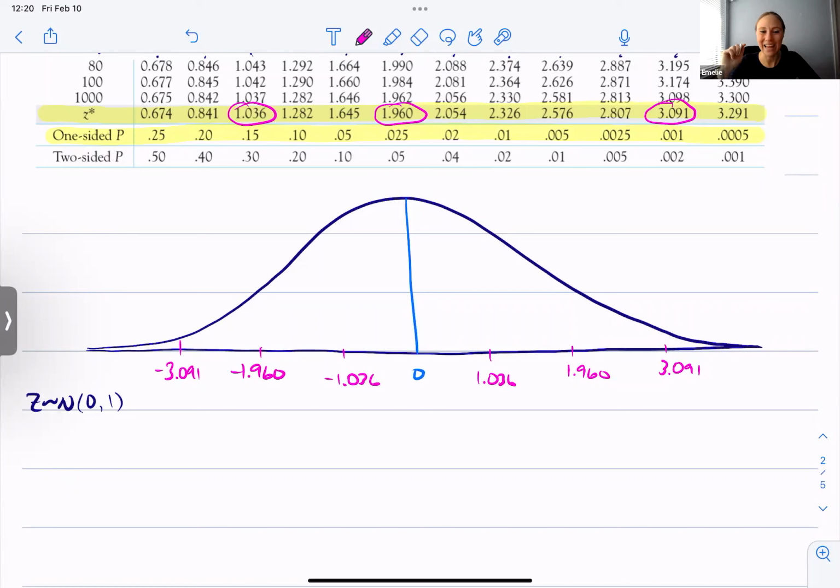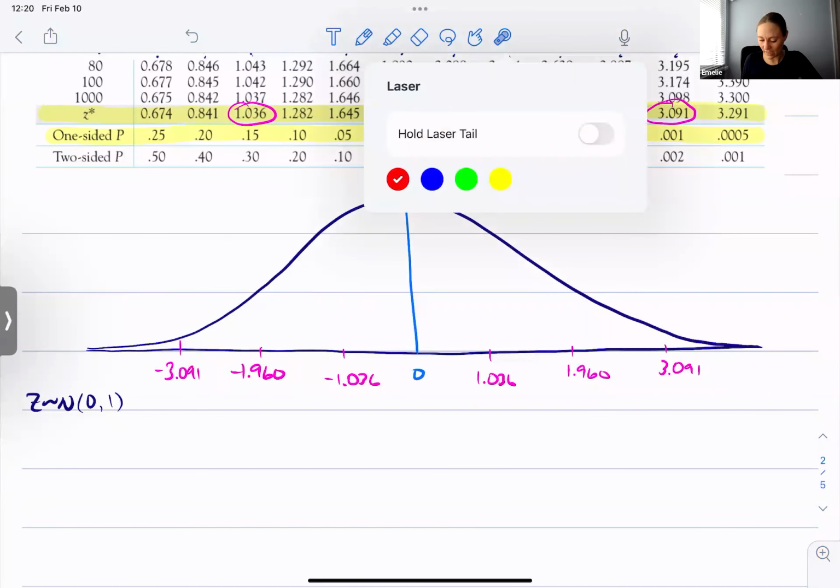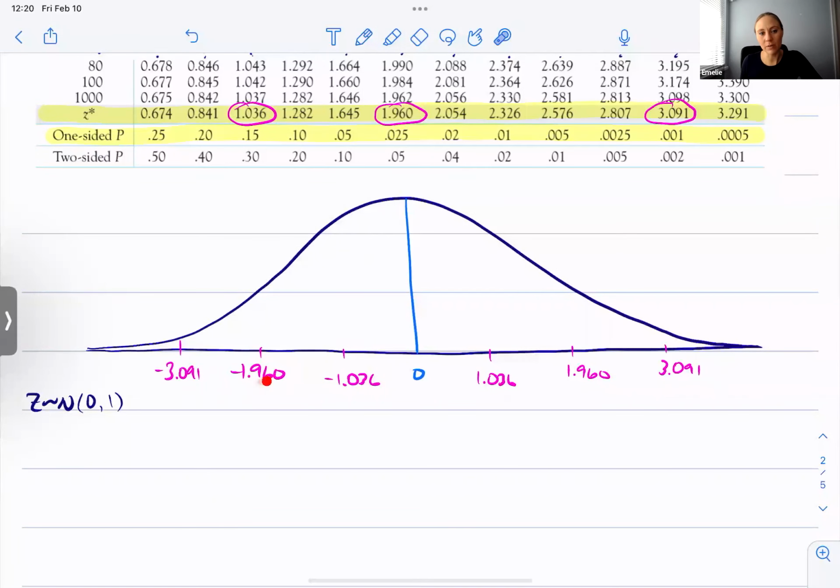And so what we're going to see is that, as a fact, we can fit roughly 3 standard deviations on either side of the mean before the tails start closing in and become very, very small. Okay. And so now I'm going to map this.